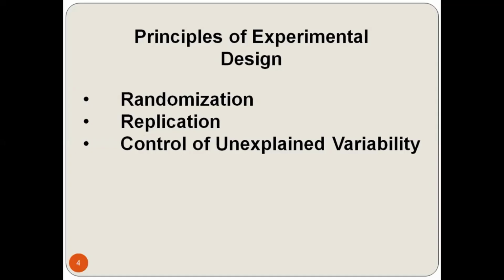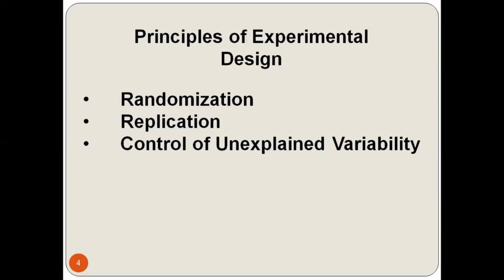When you apply this treatment, you can apply into different experimental units. Not only one unit, you can apply to several number of experimental units. Why is it done? That is to obtain the error variance.